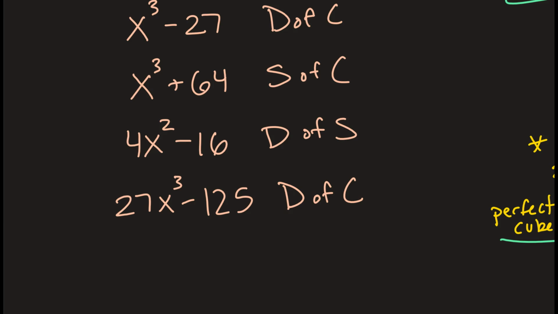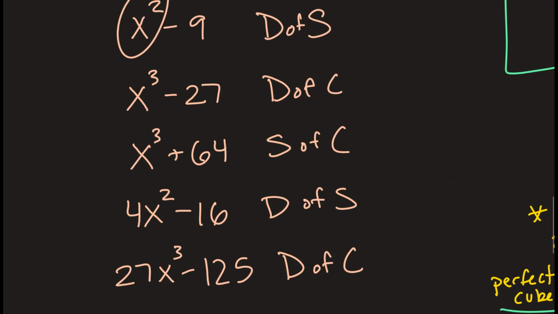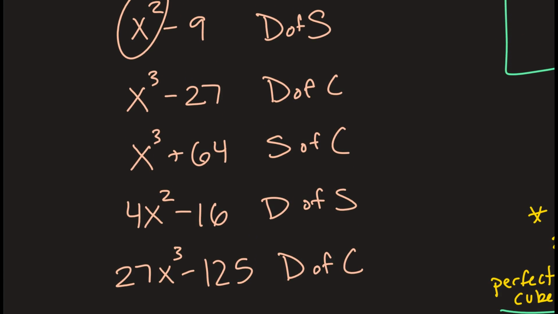Sum is a plus, difference is a minus. Where did we get all this difference of cubes and squares stuff? Last class. Sum is when you have what between the two terms? A plus.